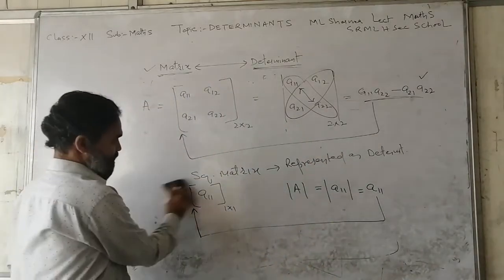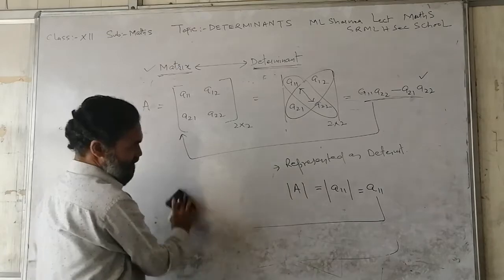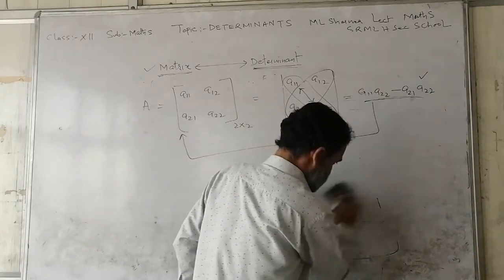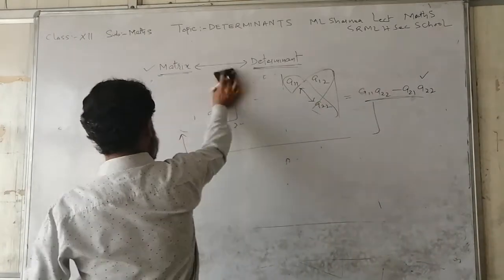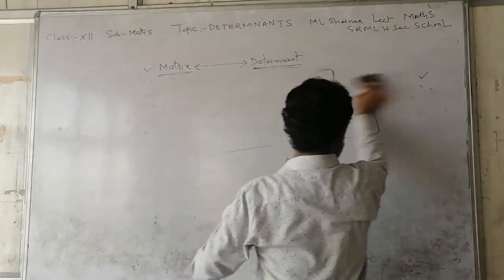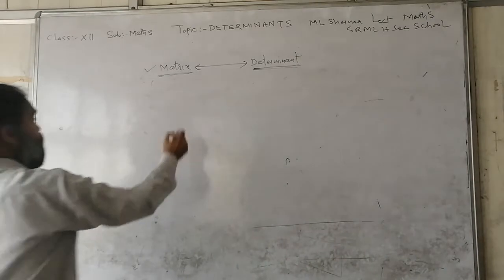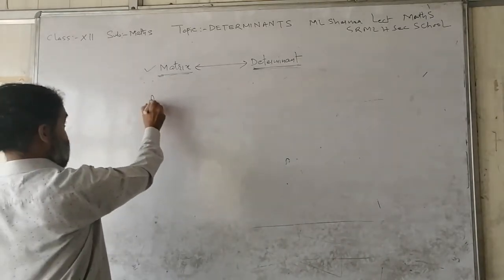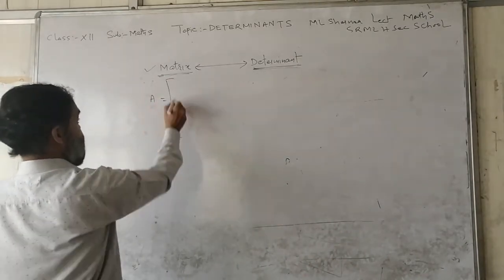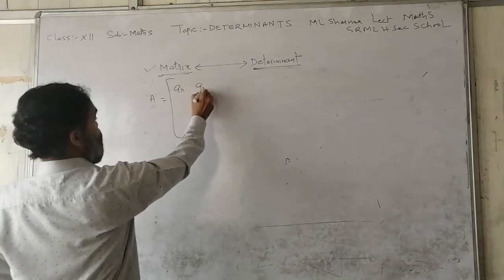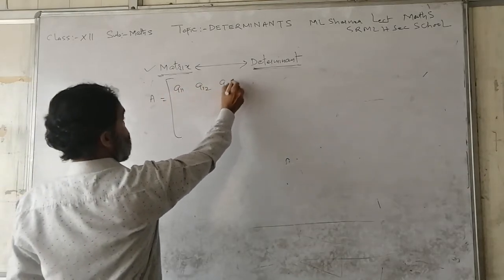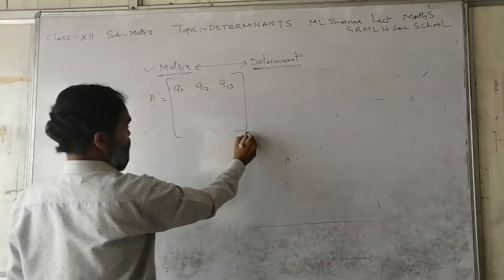So far as a matrix of order 3 is concerned, how can we expand it? I am writing here a matrix of order 3 by 3.